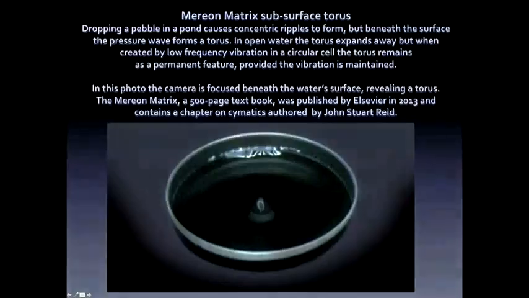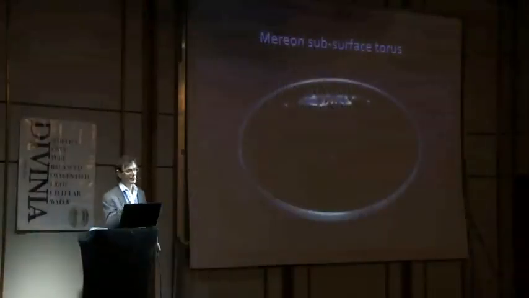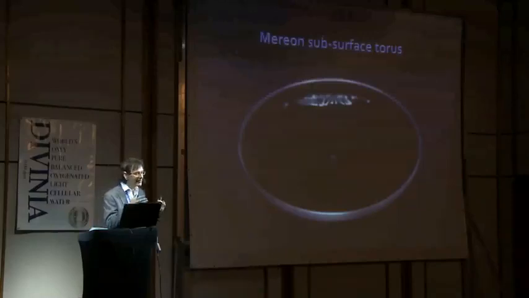So what happens when that water droplet re-enters the water is that it's a percussive action, of course. So it enters the water with some force, and it creates a pressure wave in the water. And the result is a torus, as you can see, a toroidal feature, which you might have expected.